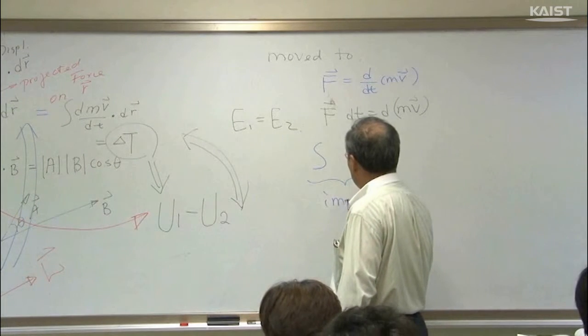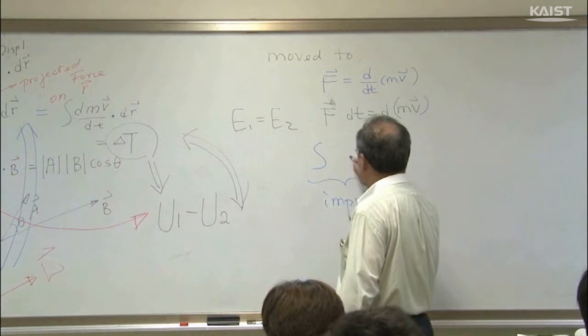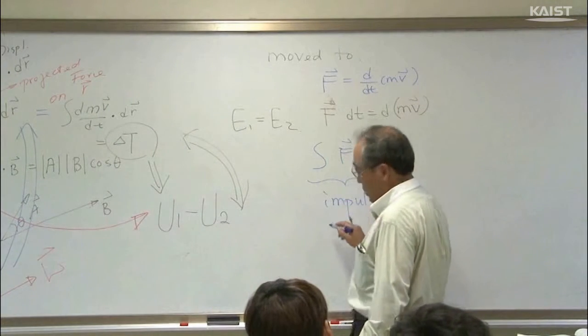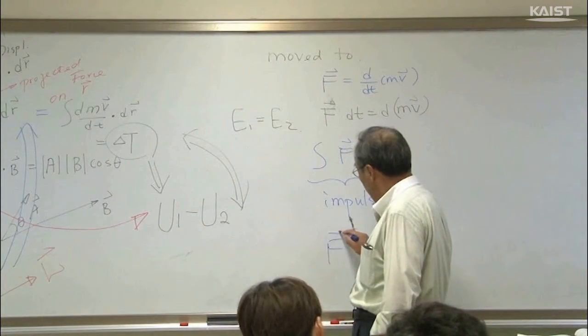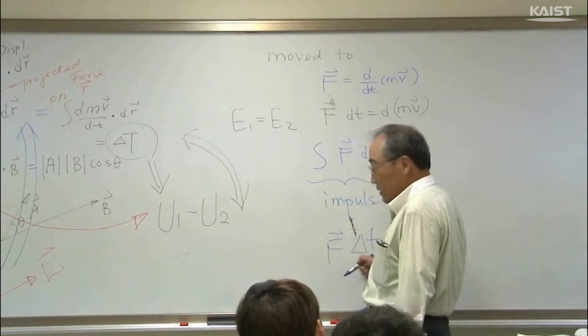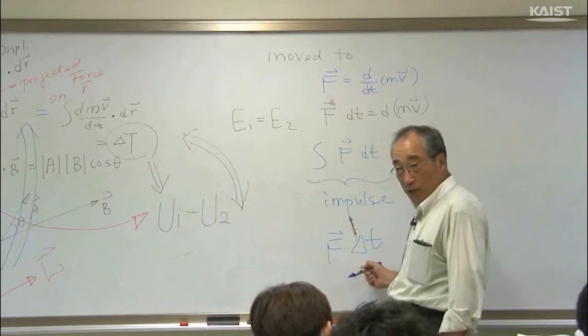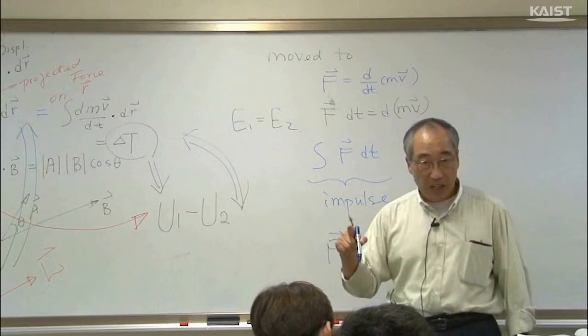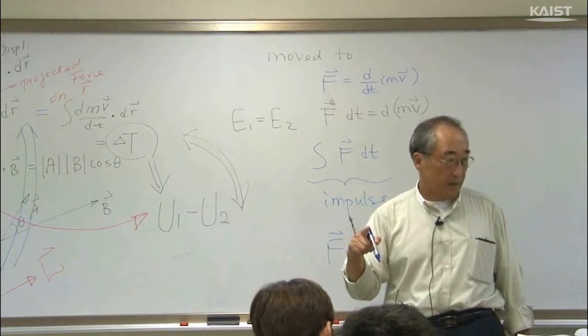So we introduce the concept of impulse. This can be written F delta t, the time duration that the force is applying to the mass of interest.